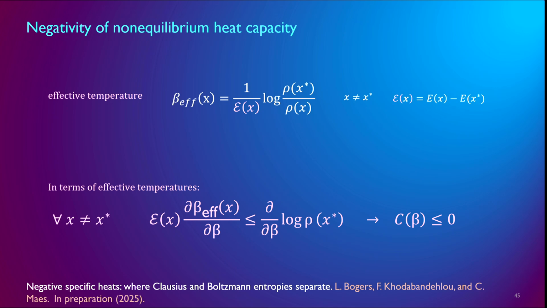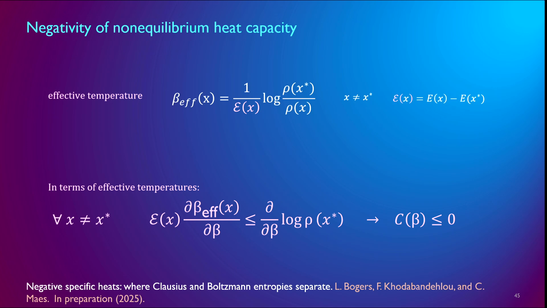But what's happening here? To define this negative heat capacity, we first define effective temperature. Effective temperature is just a tool to show you population in the system. And then via that, we could establish a very strict condition for when heat capacity can be negative.